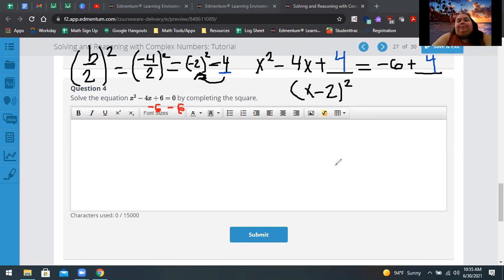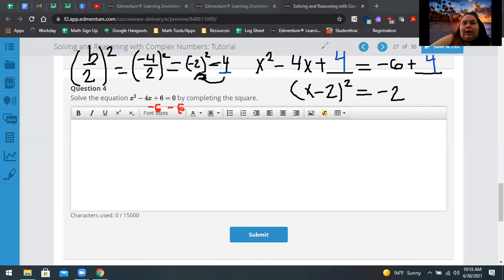And keep in mind, it's what two numbers multiply to get positive 4, but add to get negative 4. So negative 2 times negative 2 is positive 4. Negative 2 plus negative 2 is negative 4. So that b value. So it's also kind of like going back to the giant x idea. This is equal to negative 6 plus 4, which is negative 2.